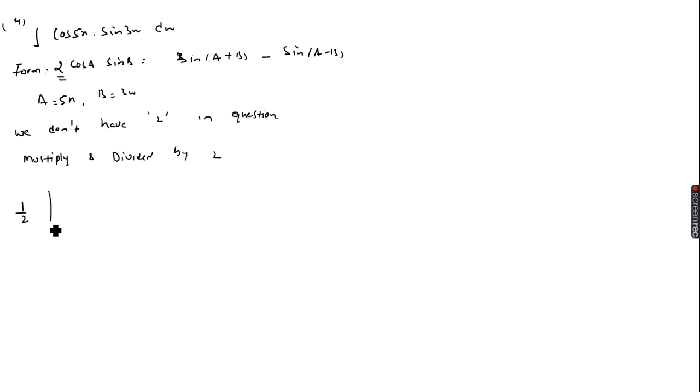That is 1 by 2 into the integral of 2 cos 5x sin 3x dx. It is 1.